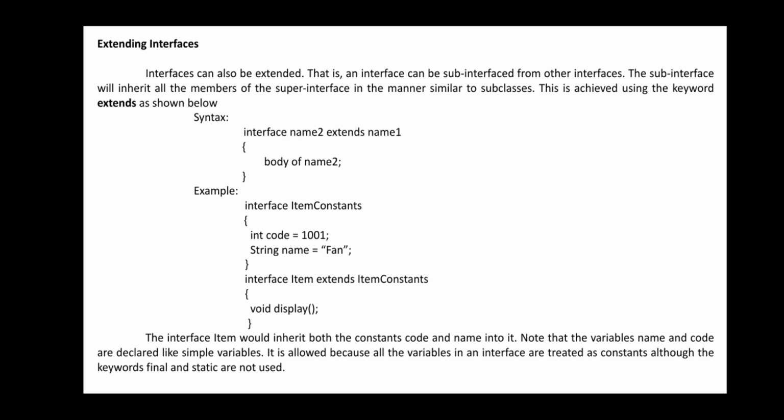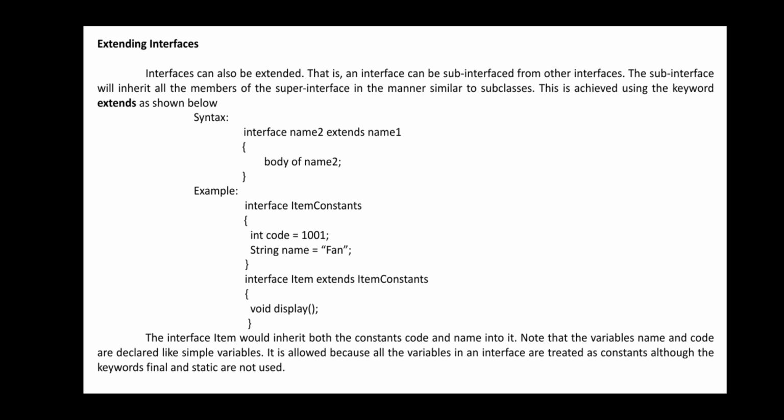Interfaces can also be extended, that is, an interface can be a sub interface of other interfaces. The sub interface will inherit all the members of the super interface, similar to subclasses. This is achieved using the keyword extends. We already wrote this in the inheritance concept: a class can extend another class, and whatever properties the main class has will be inherited by the subclass.